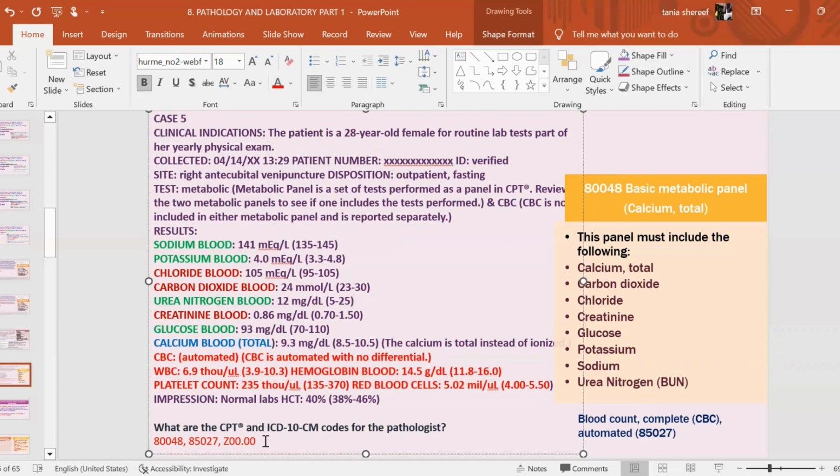Z00 is related to the ICD-10 code. So the question asks about the ICD-10 that we will study in the ICD-10 chapter. So here, all this up to calcium total is the basic metabolic panel, so for basic metabolic panel with calcium total we are reporting 80048, and for CBC automated complete we are reporting 85027.